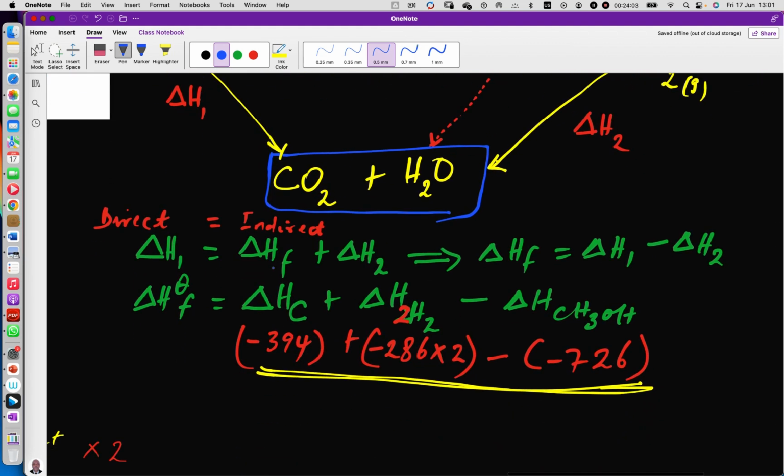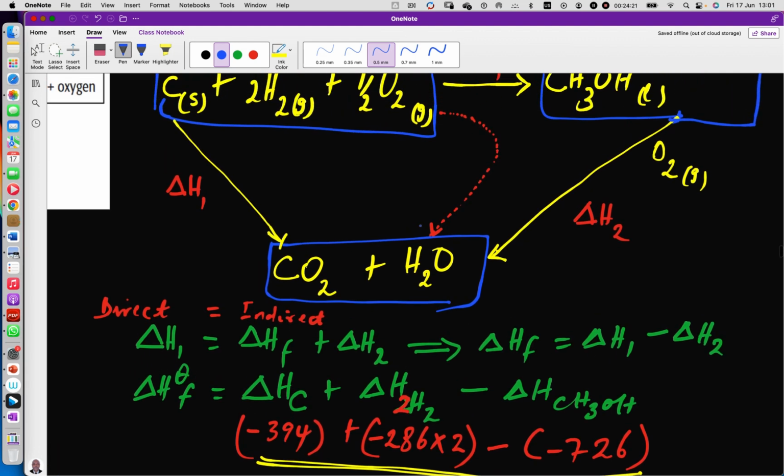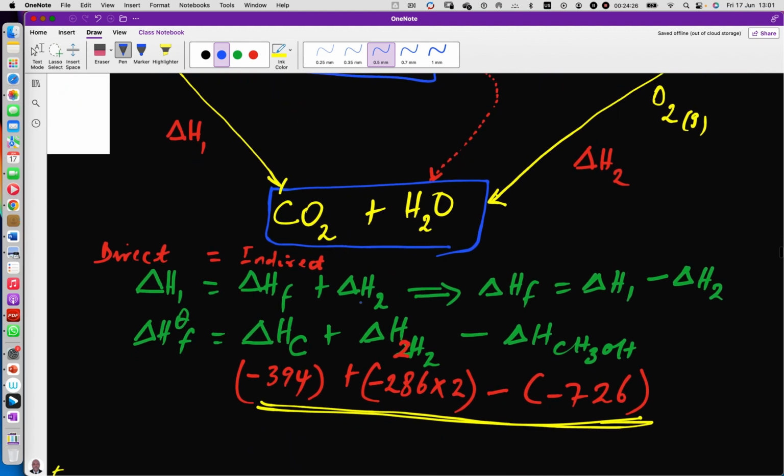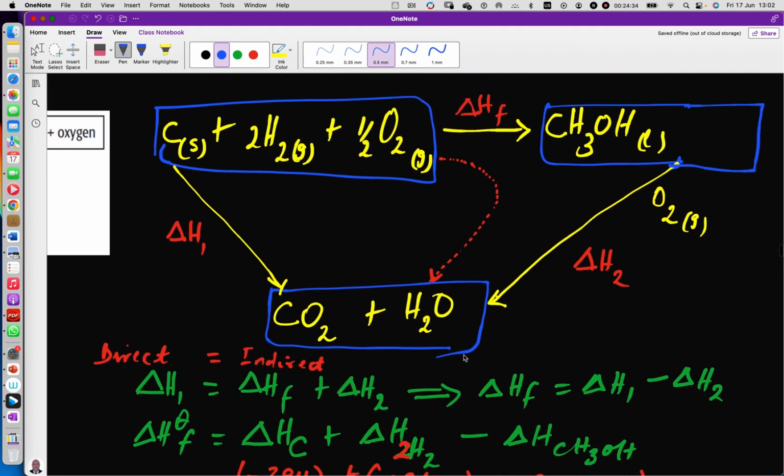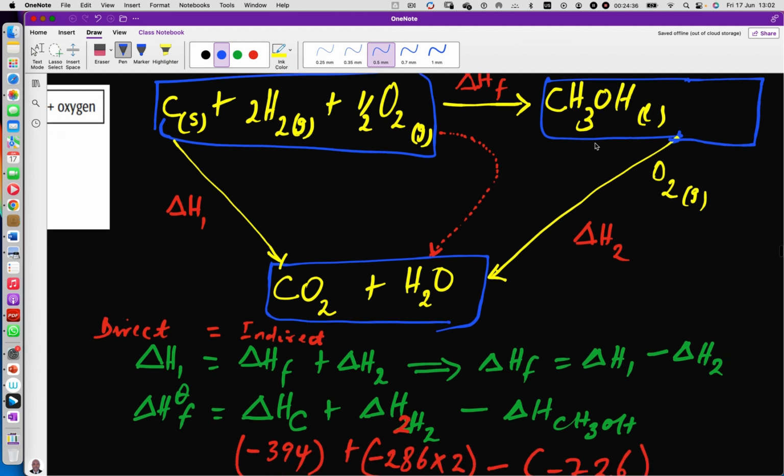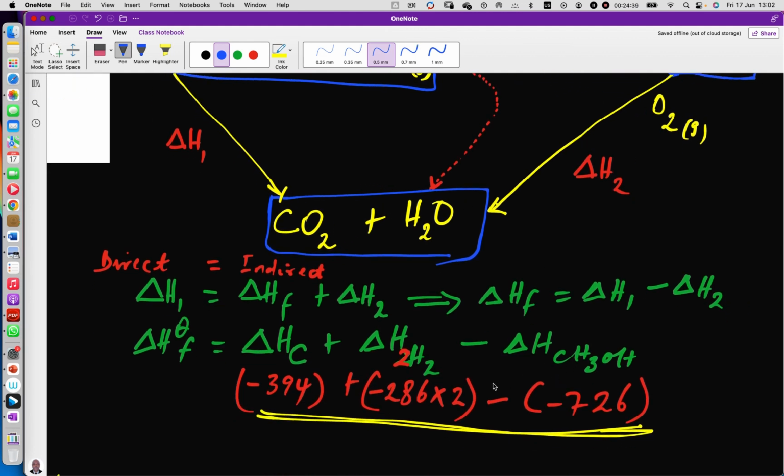From enthalpy 1, I told you that enthalpy 1 is the enthalpy of combustion for carbon and hydrogen. This is the enthalpy of carbon plus the enthalpy of hydrogen, minus enthalpy 2, which is the enthalpy of combustion of methanol.